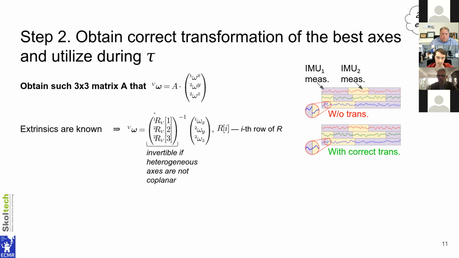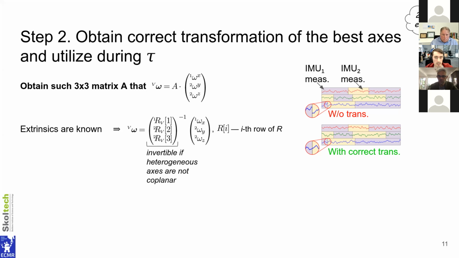This found matrix is just composed from rows of different calibration rotation matrices. And this matrix is invertible if the heterogeneous axes of different IMUs are coplanar. We can provide this invertibility just by orienting our IMUs in the same direction, just by eye. That's more than enough to make this matrix invertible.